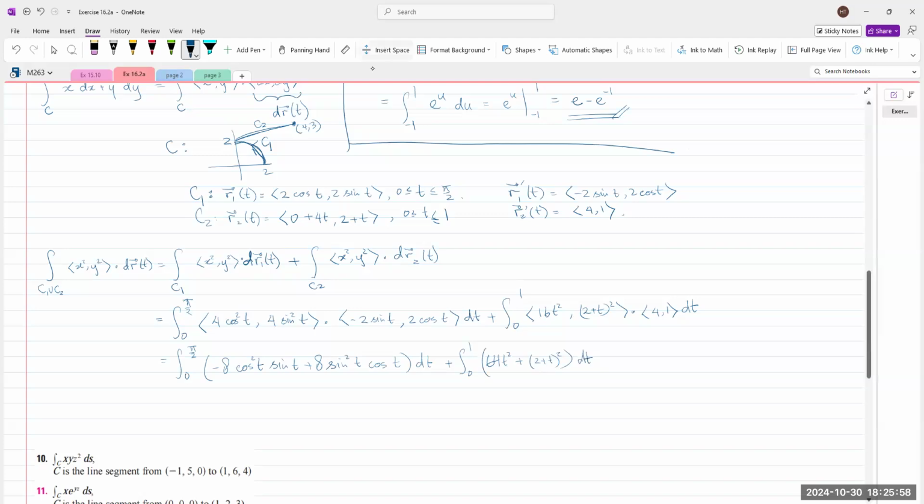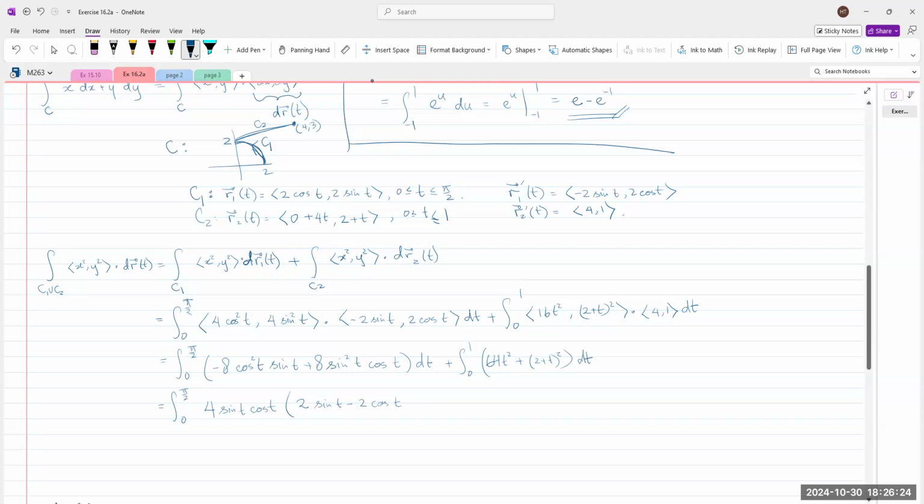I will simplify that further, of course, but let's do this for now. Integral from 0 to pi over 2. I can factor 4 sine t cosine t, can I? And then I have 2 sine t minus 2 cosine t.